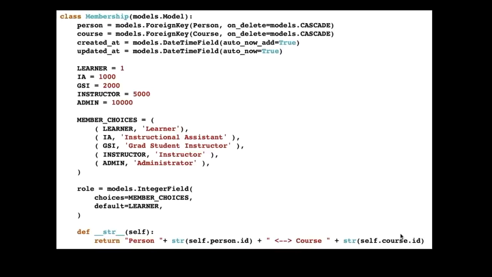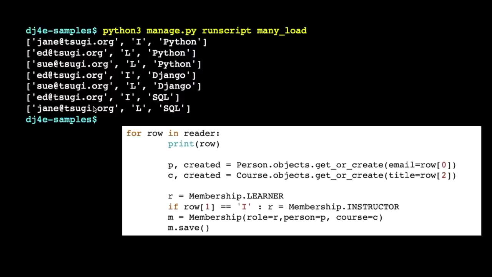Right, here is just to remind you, this is that model. Learner, instructor, those are just constants, and that's what that did. So you run it, and recall that it prints the row, and so the row is just, after the CSV reader parses it, it's got the three things, and one at a time it inserts or retrieves.